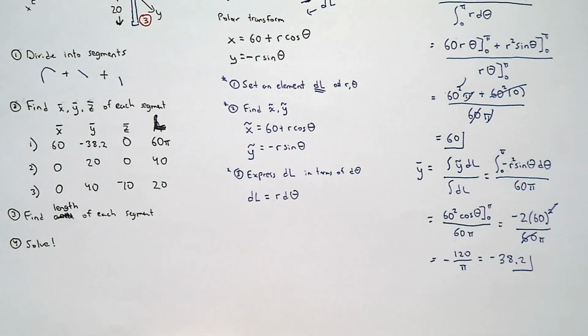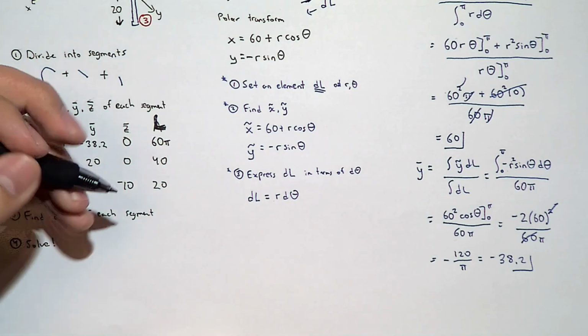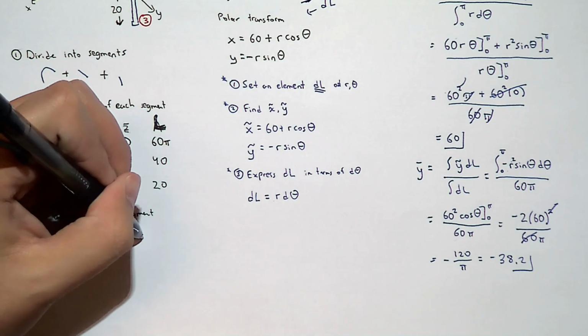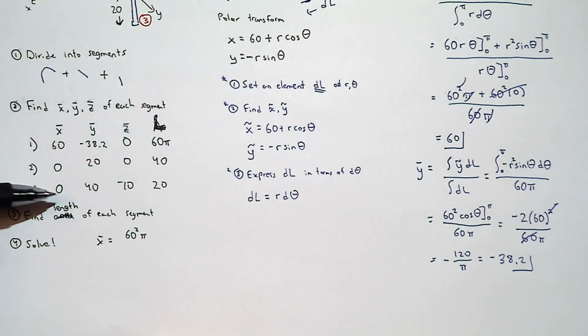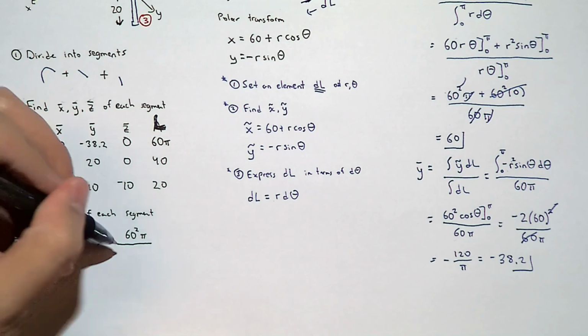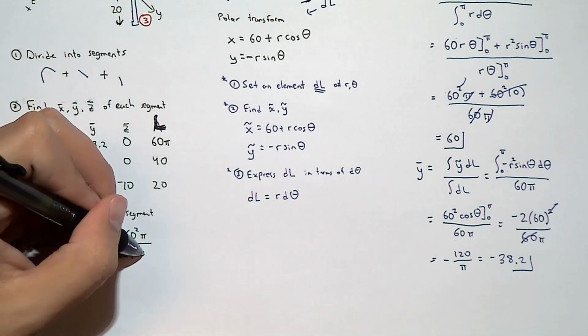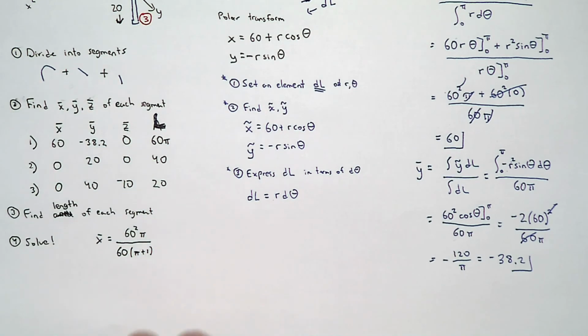Well, we already know. The x coordinate of the centroid will be equal to the sum of each of the x coordinates times its length divided by the sum of their lengths. So in this case, we have 60 times 60 pi. So I'll just say 60 squared pi plus 0 divided by the total length, which is 60 times pi plus 1. Right? 60 pi plus 60 is 60 times pi plus 1.